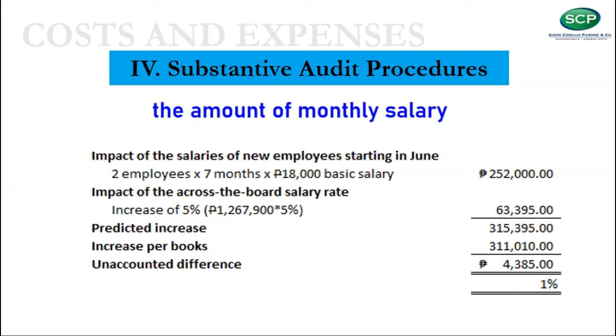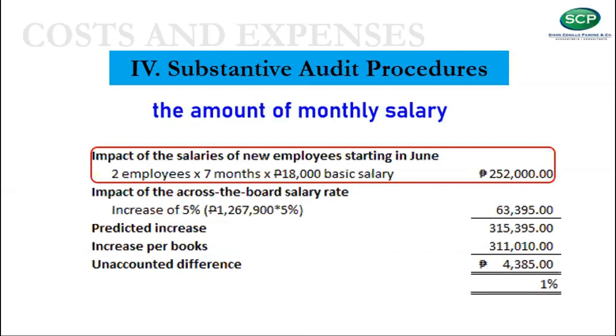So we compute for the salaries of the new employees receiving 18,000 per month on June 1, kasi June 1 sila na-hire. So we will multiply the number of 2 employees by their basic salary of 18,000 pesos by 7 months, or from June 1 to December 31.